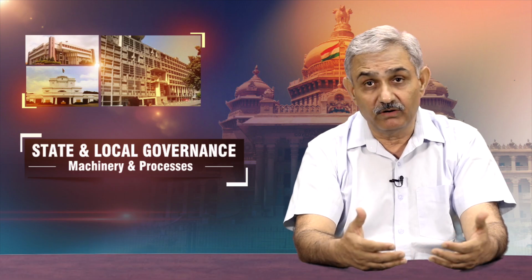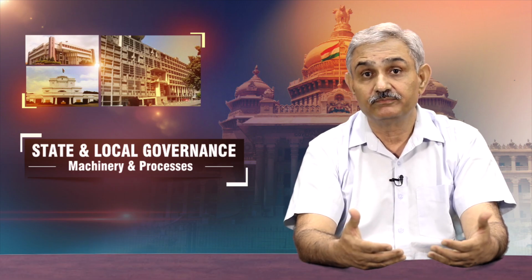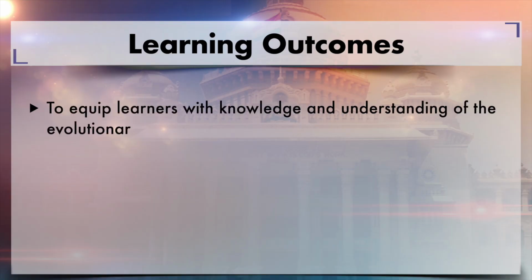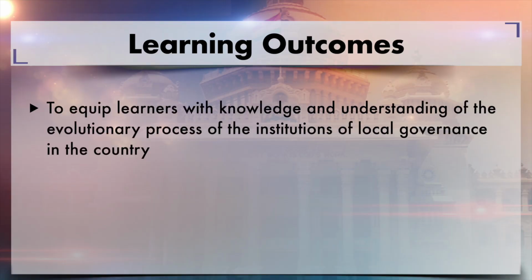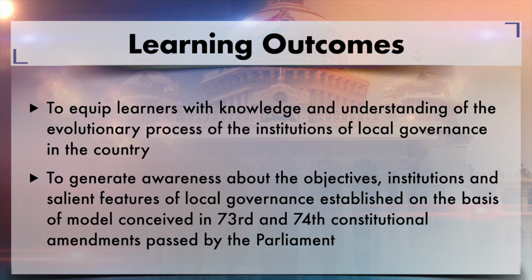The learning outcomes of this week are to impart to the learners the knowledge and understanding of the evolutionary process of the institutions of local governance in the country, and to generate awareness about the objectives, institutions and the salient features of the local governance established on the basis of the model conceived in the 73rd and 74th constitutional amendments.